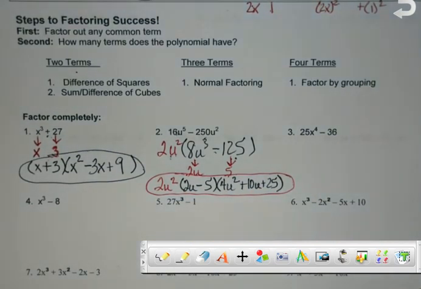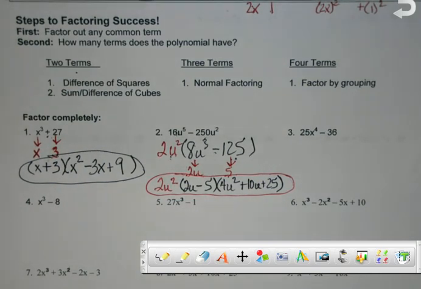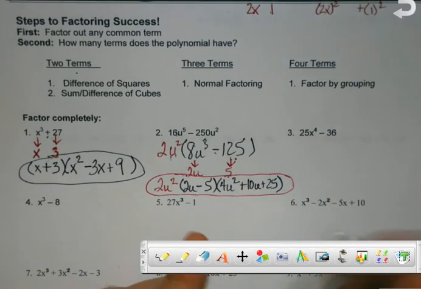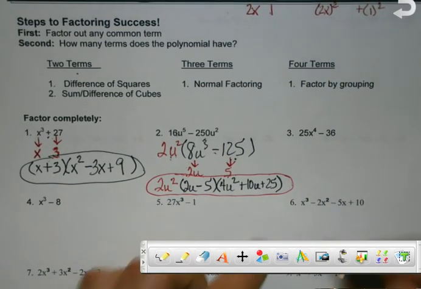And I'm done. So you kind of see the importance of not only looking for a common term, but also in understanding that pattern. Now, it doesn't mean every time you see two terms it's going to be a cube. For instance, number 3. I see a fourth power, which works the same way as a square does.